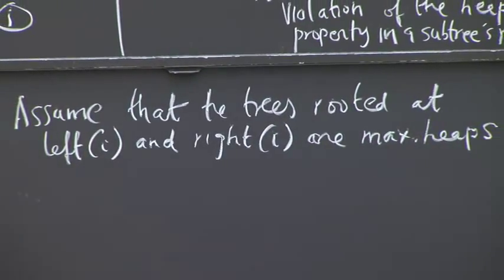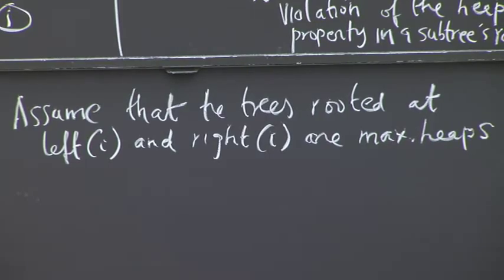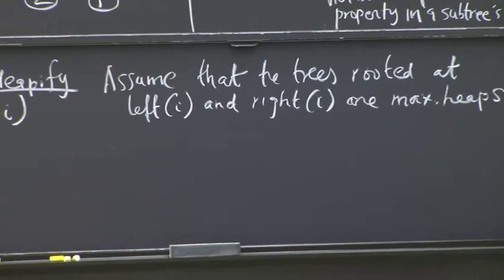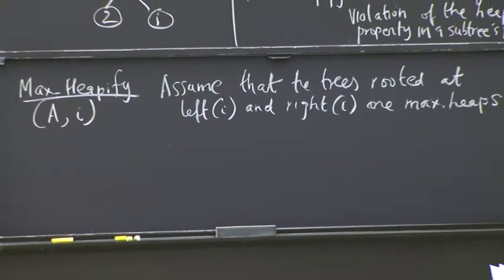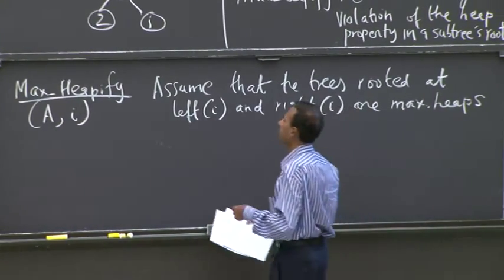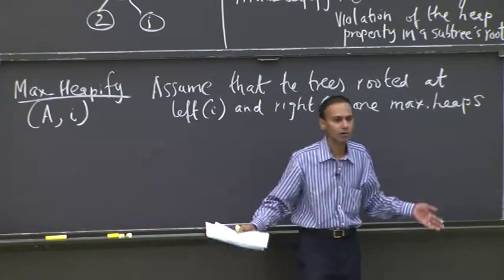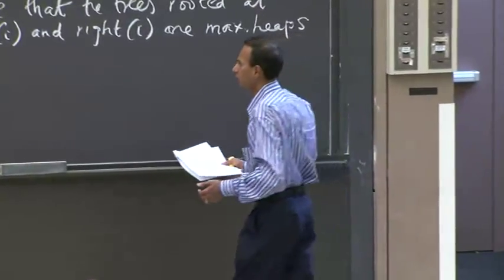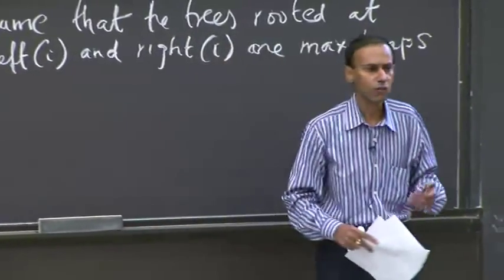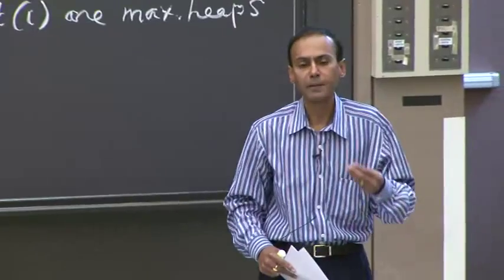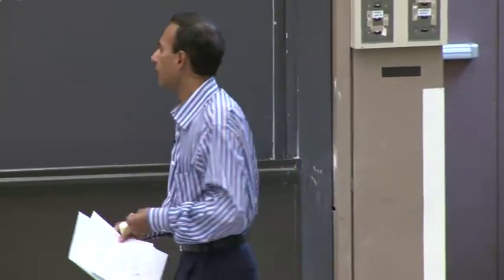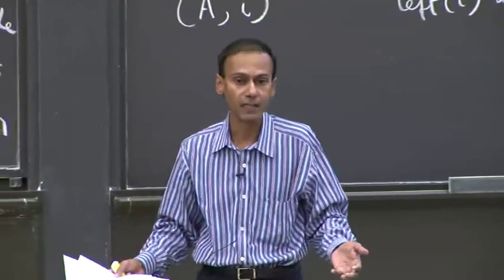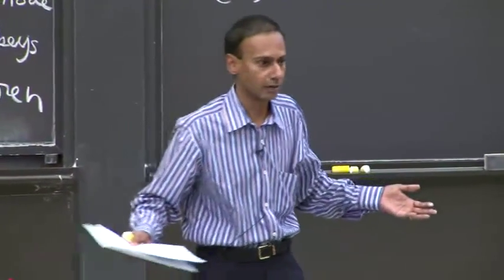So max-heapify is going to look like A comma i. A is simply the array, and i is the index. Okay? And max-heapify is allowed to crash and not do anything useful if this precondition is violated. But if the precondition is true, then what you have to do is return a max heap correcting this violation. All right? That's the contract.